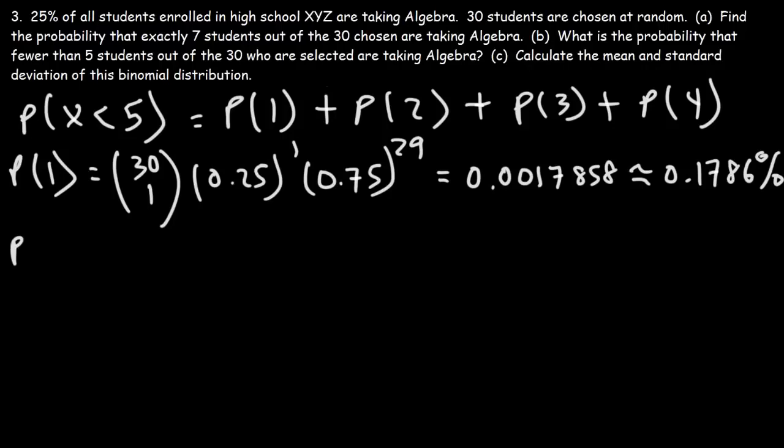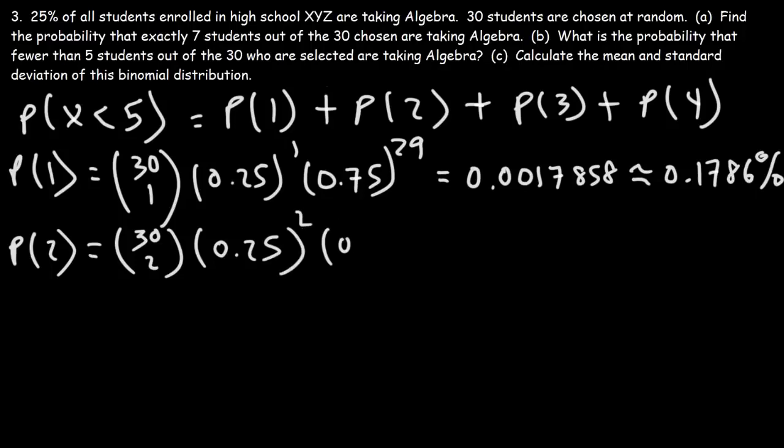Now, let's calculate the probability that out of the 30 students who are chosen, exactly 2 are taking algebra. So this is going to be 30C2 times 0.25 raised to the second power times 0.75 raised to 30 minus 2, or to the 28th power.